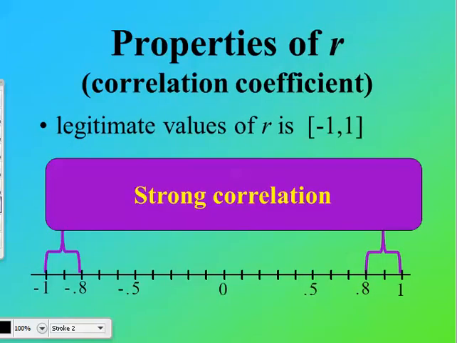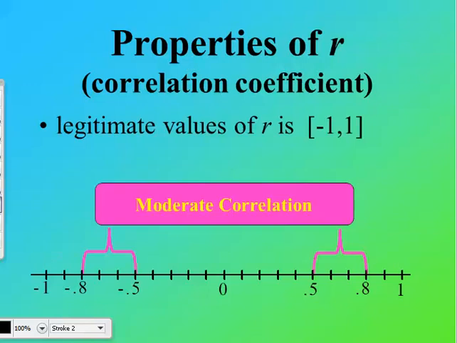Okay? So R is one of these things that gives you an indication of what kind of relationship it is. So what we're looking at is that R is going to be between -1 and 1 inclusive. That's what the solid brackets mean. Okay? So if it's between 1 and almost 0.8, you would say it's a strong correlation.